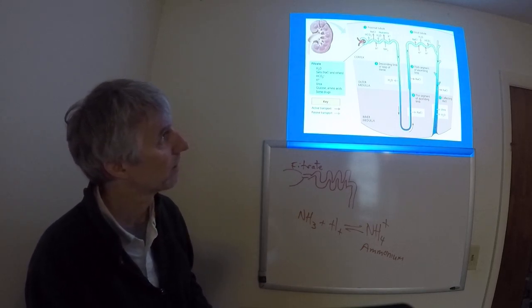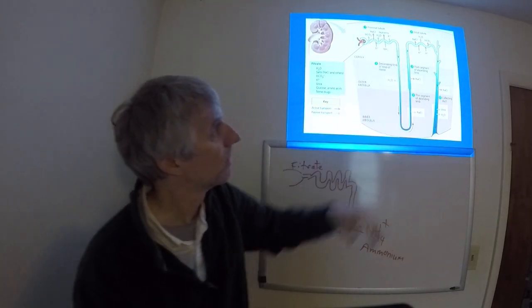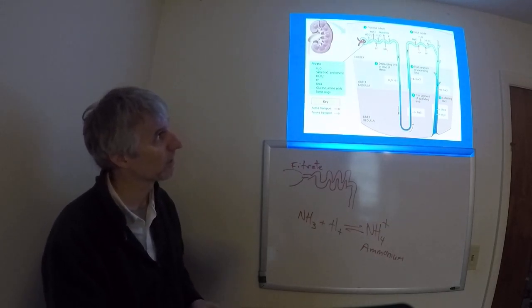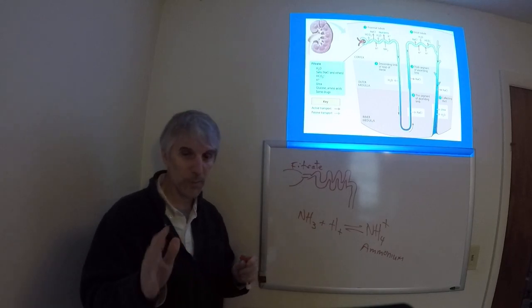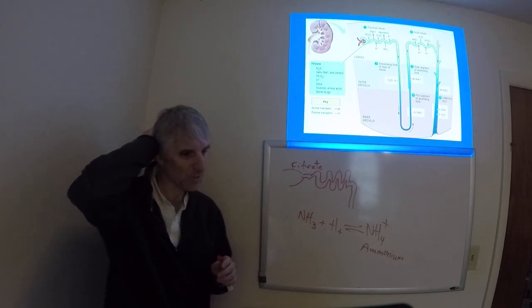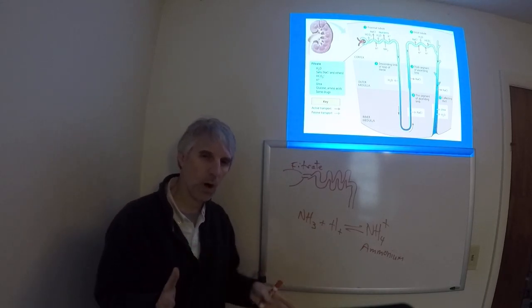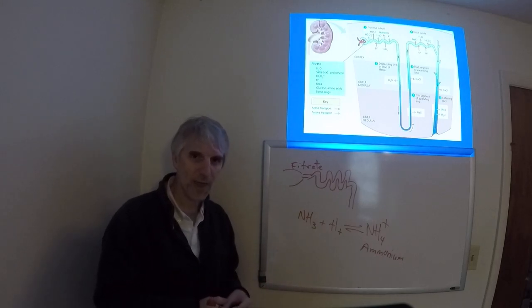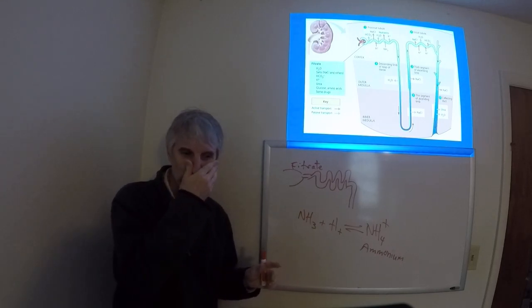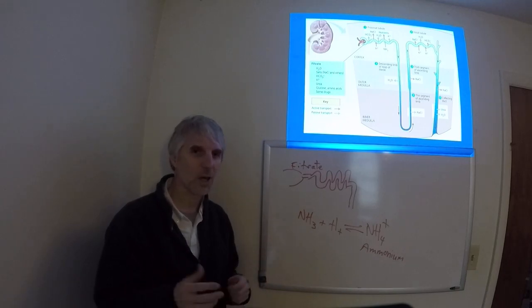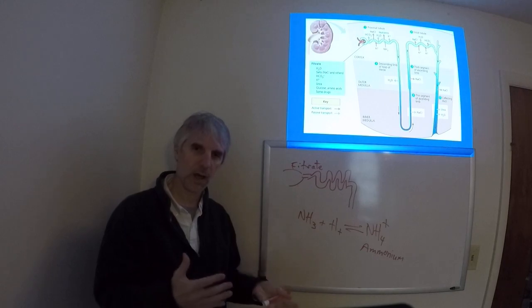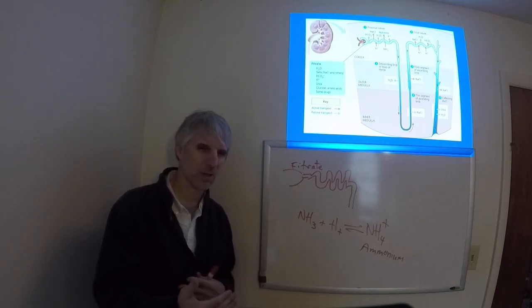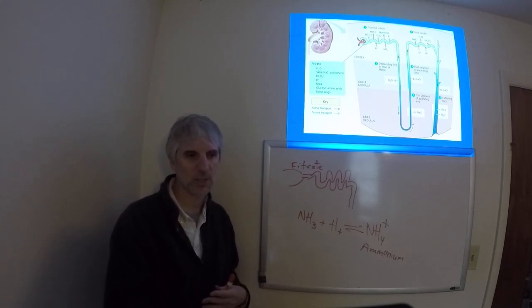Okay? Now, the water here is moving passively. Like I mentioned before, I'll mention it again. Organisms don't actively transport water. The reason for that, there's a lot of reasons, but the idea is water tends to go where it wants to go. It has properties of both polar and nonpolar depending on where those electrons are between the hydrogen and oxygen.